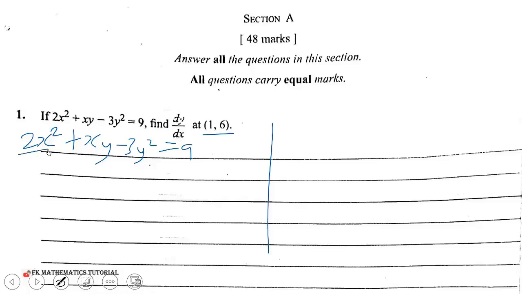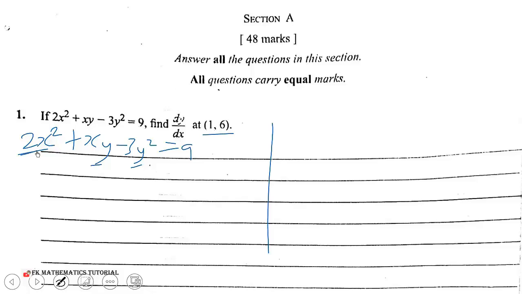So when we differentiate x, we don't have any problem. But when we differentiate y, we need to indicate that we are not intentionally differentiating y, but we are differentiating y with respect to x. So we indicate the dy/dx there to show that we are actually differentiating y with respect to x.